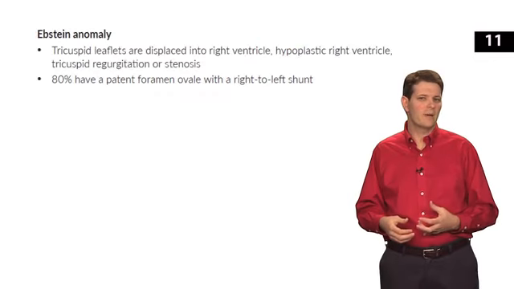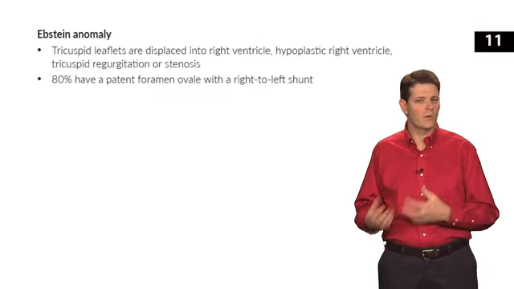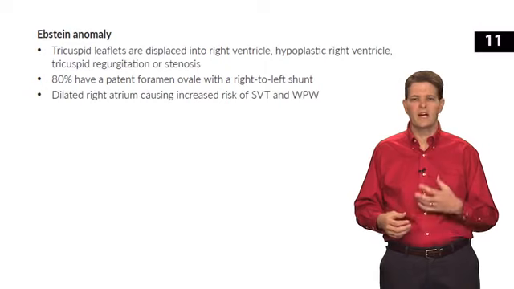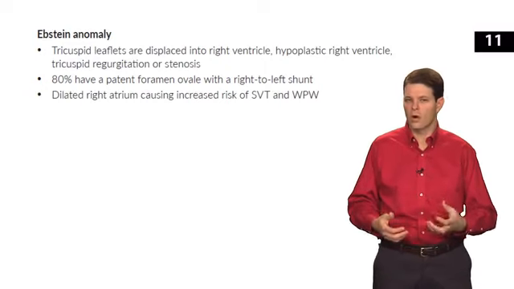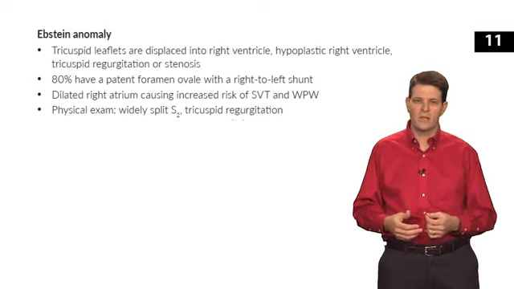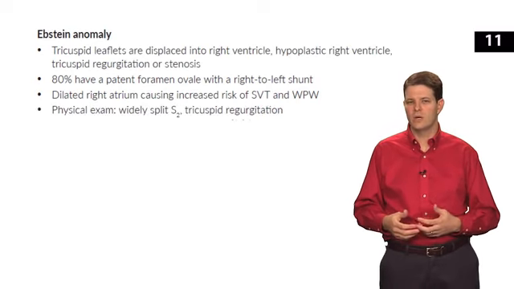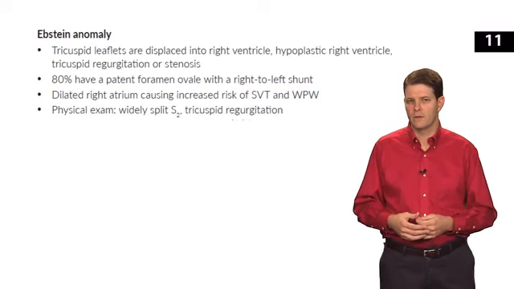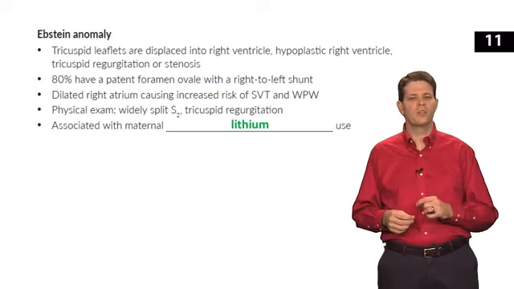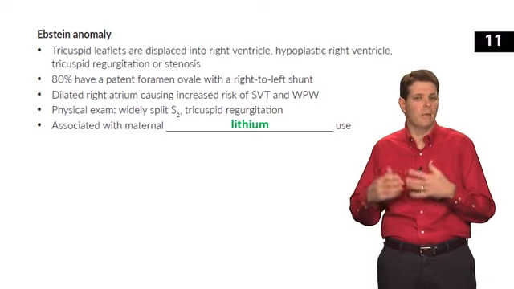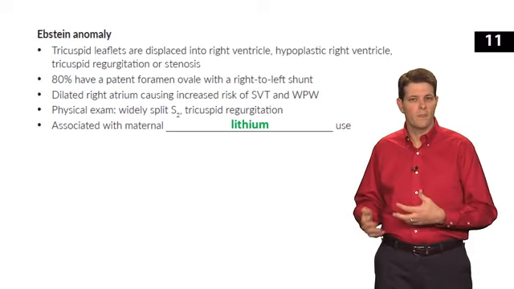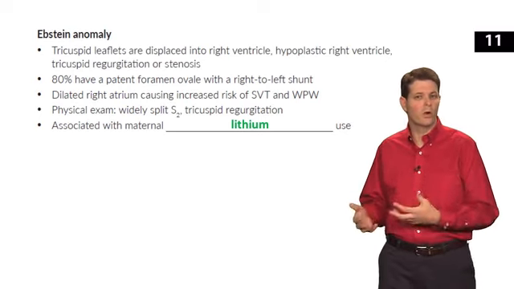Now, 80% of these patients have a patent foramen ovale with a right to left shunt, and you have a dilated right atrium causing increased risk of SVT and Wolff-Parkinson-White syndrome. And on physical exam, there's a widely split S2 and tricuspid regurgitation. Now, Ebstein's anomaly is associated with maternal lithium use. So if a woman's taking lithium for bipolar disorder and she gets pregnant, her baby would be at an increased risk of being born with an Ebstein's anomaly.